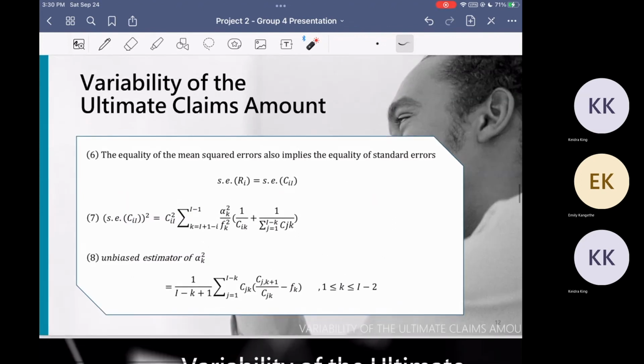Here are a couple more formulas. The equality of the mean squared errors also implies the equality of standard errors.